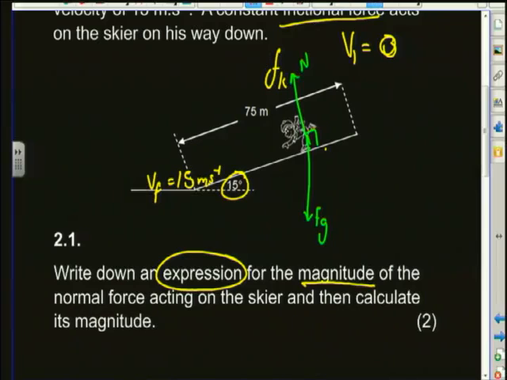And what we recognize here is that we have my Fg perpendicular and Fg parallel, shown with dotted lines. Hopefully you've remembered how to work these out, and you also remember that this angle here is 15 degrees. Your normal force is equal to your perpendicular weight component.